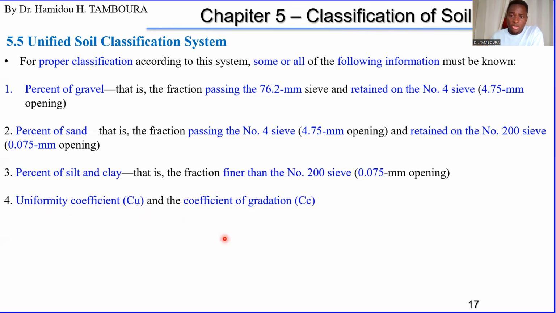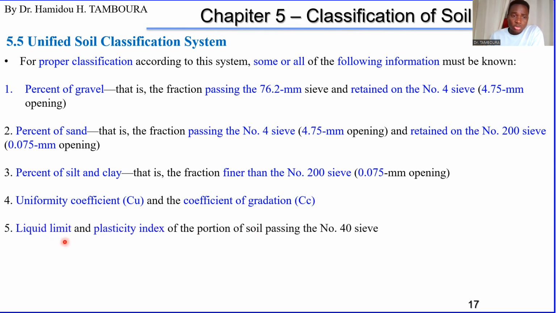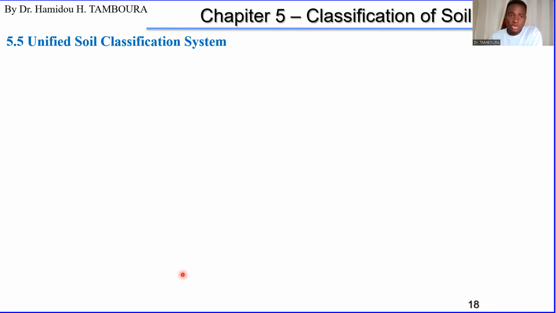As you remember, we use these two for classification of coarse-grained soil. And you need also the liquid limit and plasticity index. This is for classification of fine-grained soil. Okay, so this is what we need to do this classification.